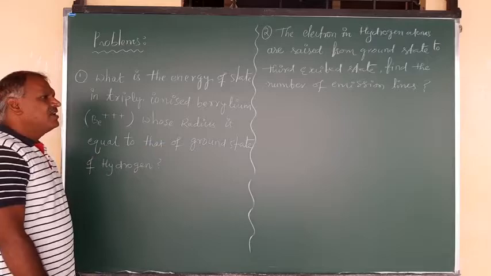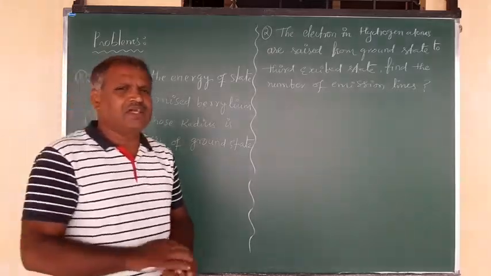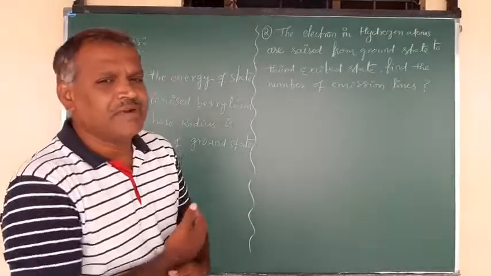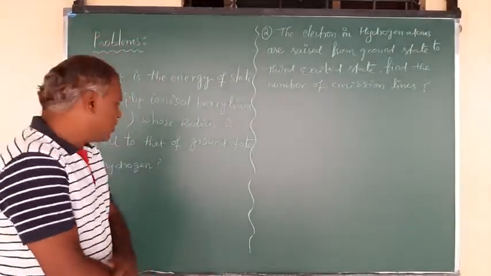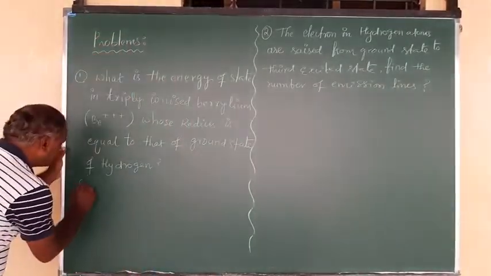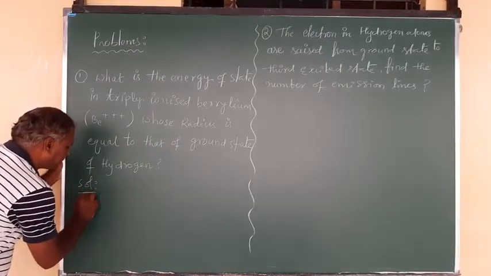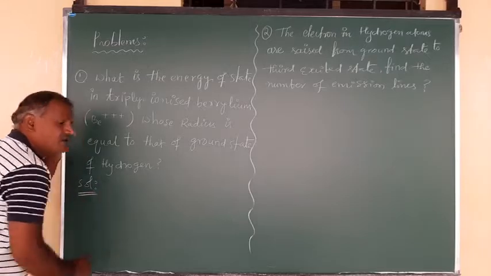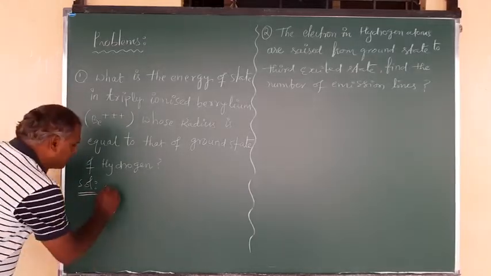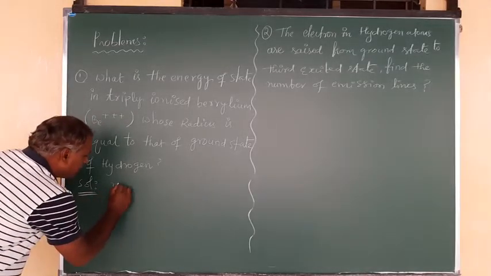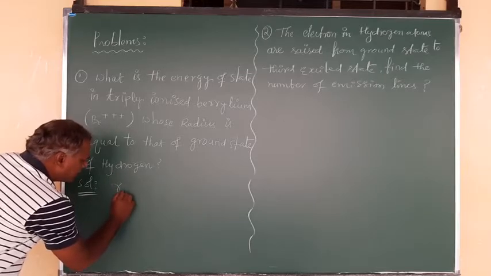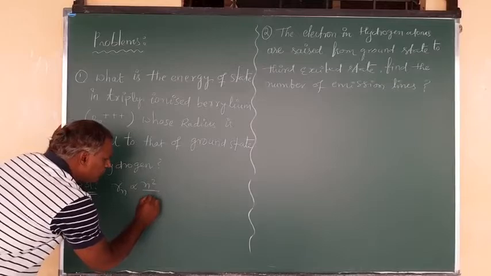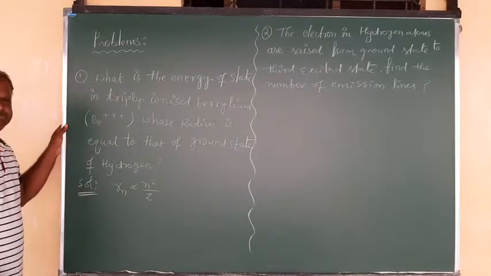Hydrogen-like atoms follow Bohr's model, so according to that we can calculate the solution. The radius of the electron in the nth orbit, Rn, is proportional to n square by z, right?